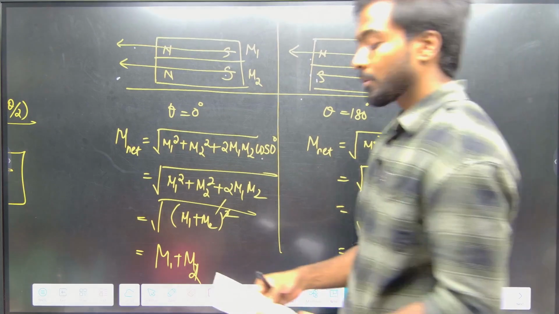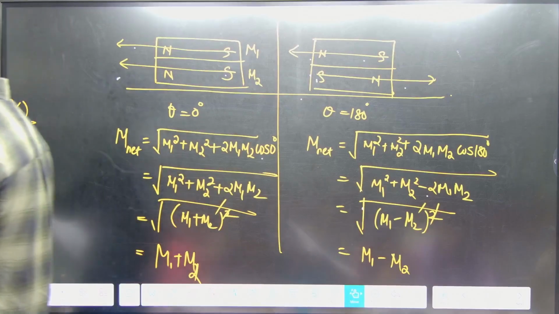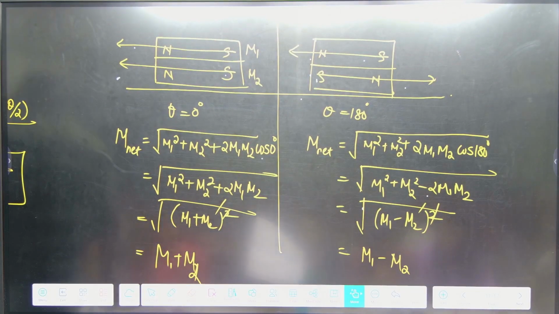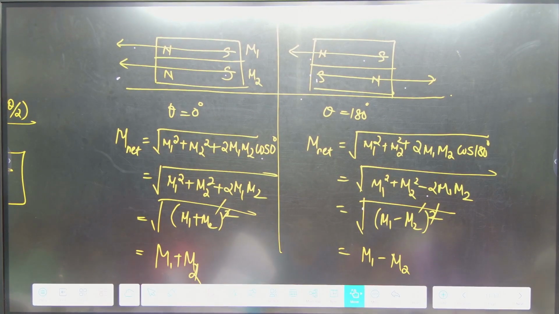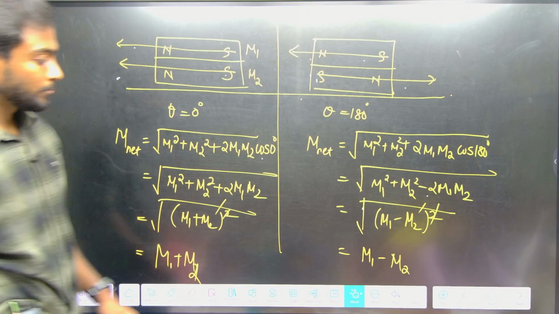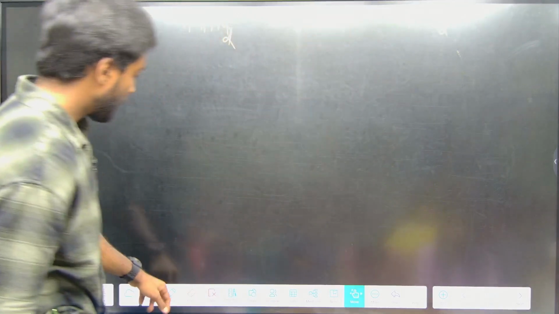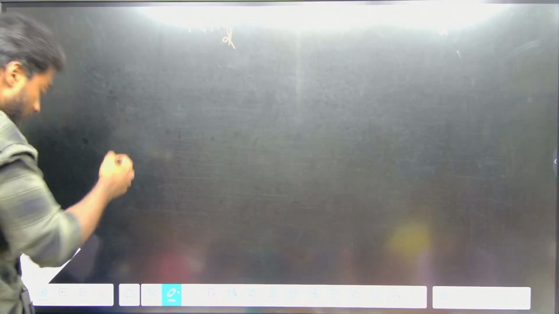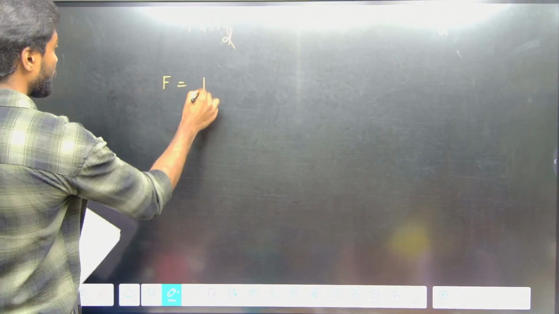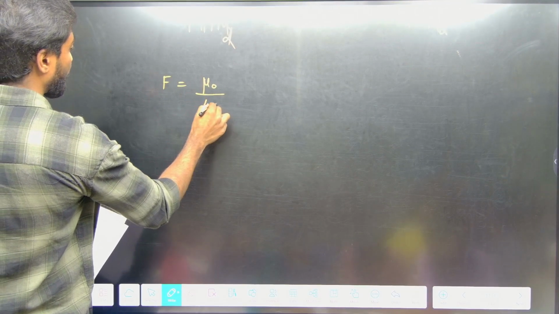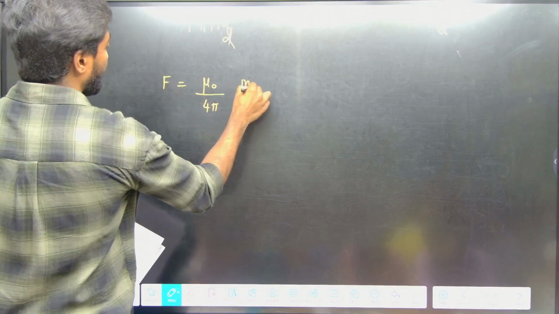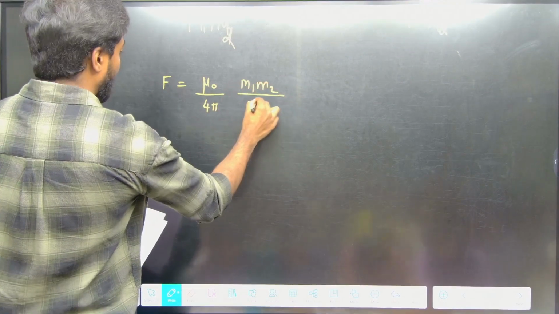Write down the next topic, Coulomb's law in magnetism. F is equal to mu naught by 4 pi times m1 m2 by r square.